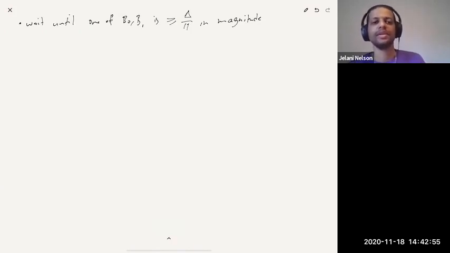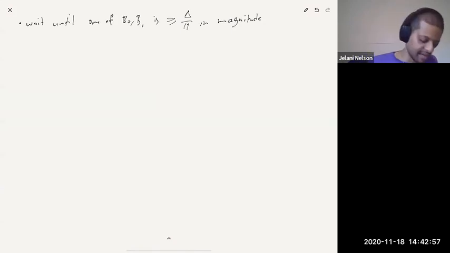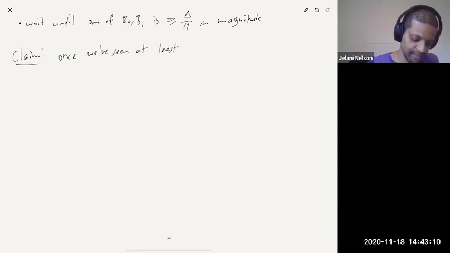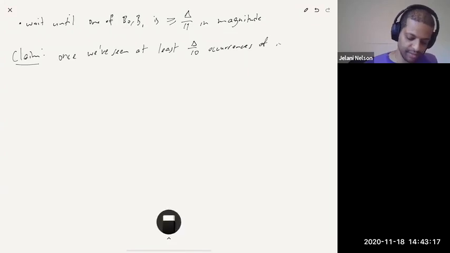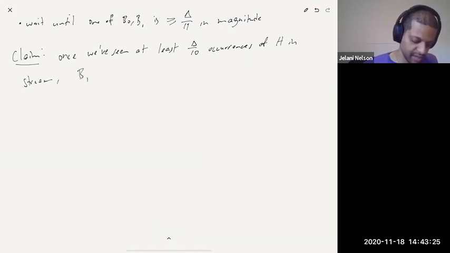Now, the claim is that once we've seen at least delta over 10 occurrences of H in the stream, B1 will be at least delta over 11 with large probability.